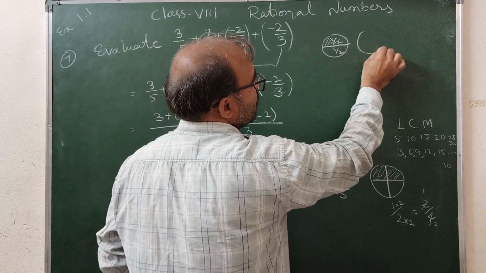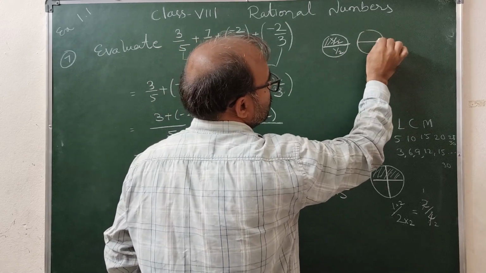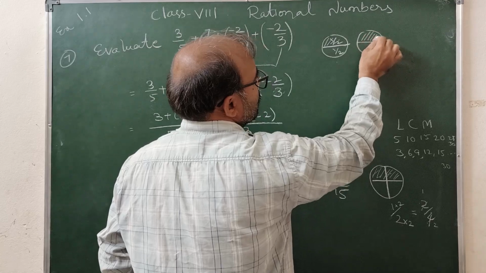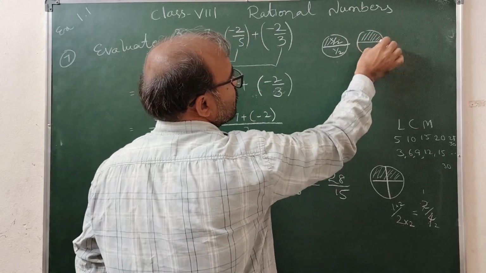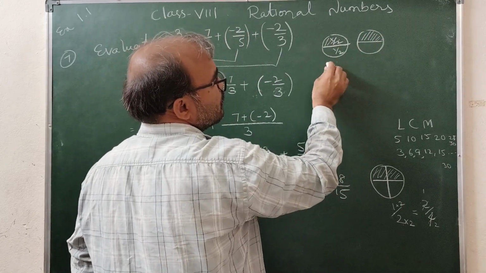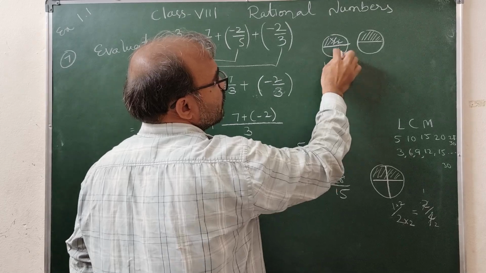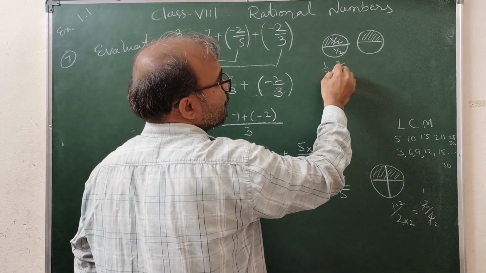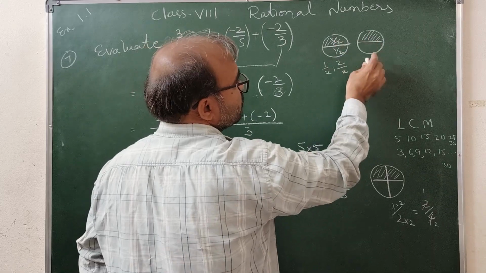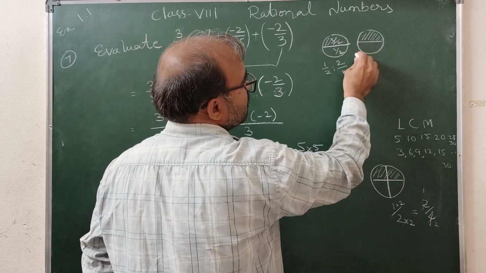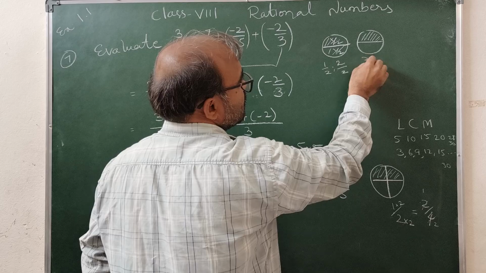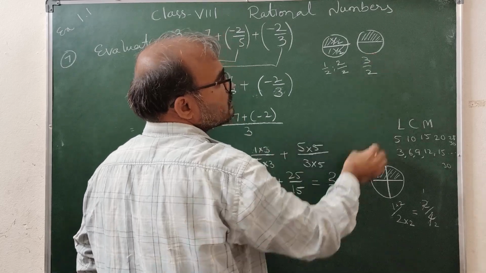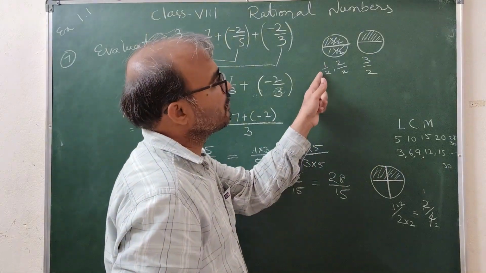If you consider one more whole, you make it into two. If you consider only one part, you write a half. If you consider two parts, you write two halves, 2 by 2. If you consider three parts, one part, second part, third part, this will be three halves.